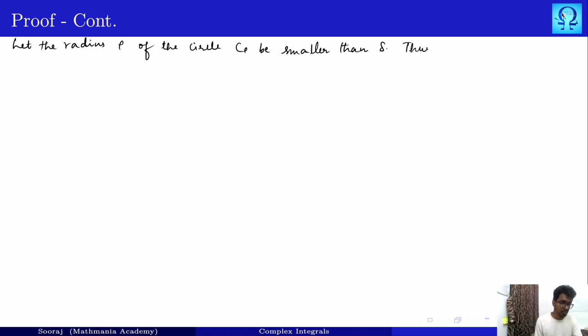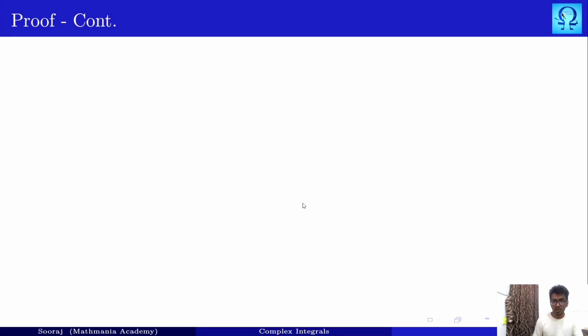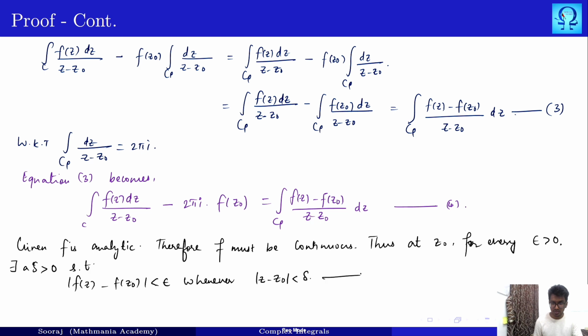Thus absolute of z minus z naught, which is equal to rho, is smaller than delta, when z is on the contour. Okay, so here the inequalities shall be marked as equation 5.